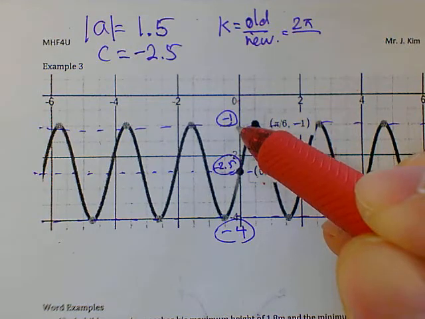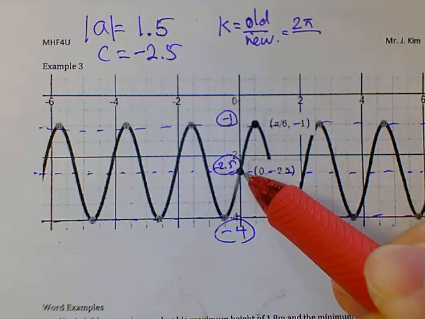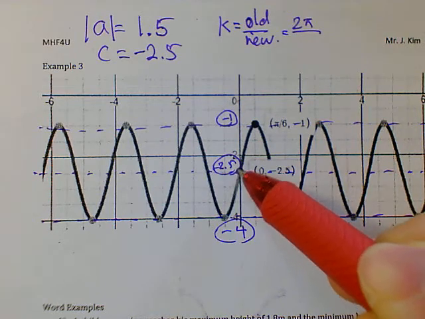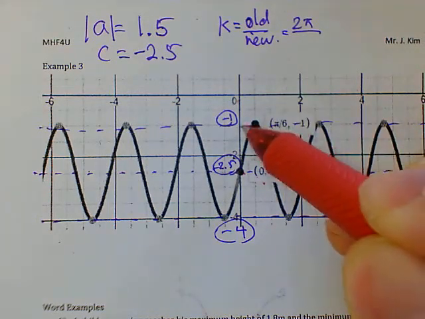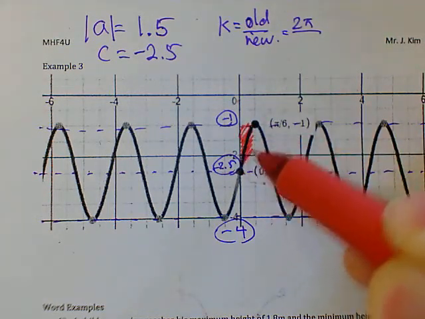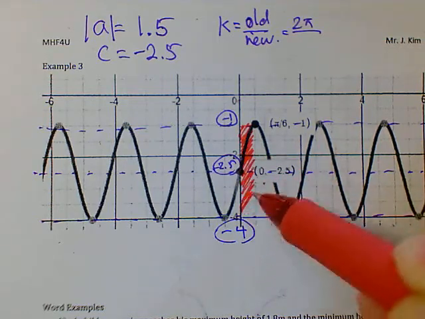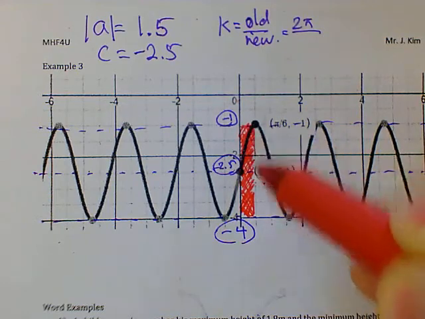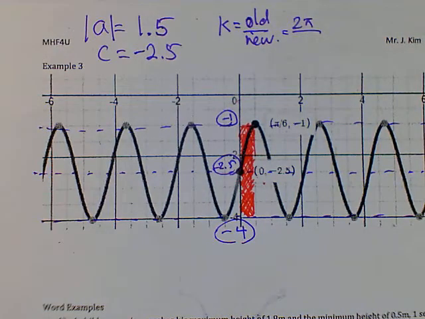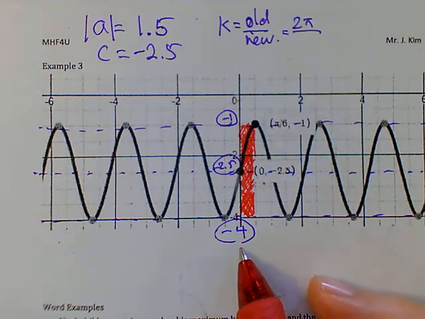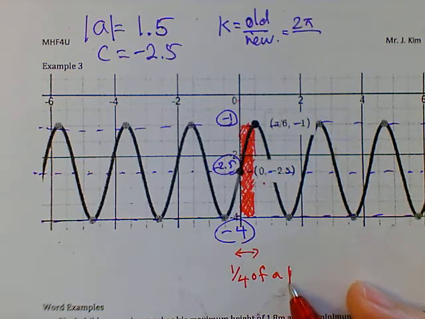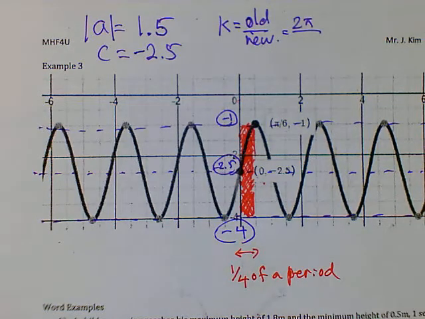Pi over 6. Right, so let's pretend we start our curve here. From the midpoint to the maximum, in other words, this part right here, you can say that this part is exactly 1/4 of a period.